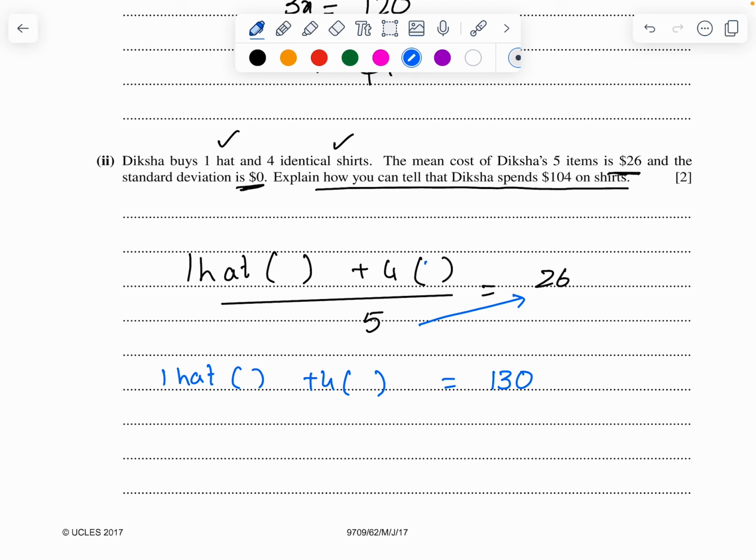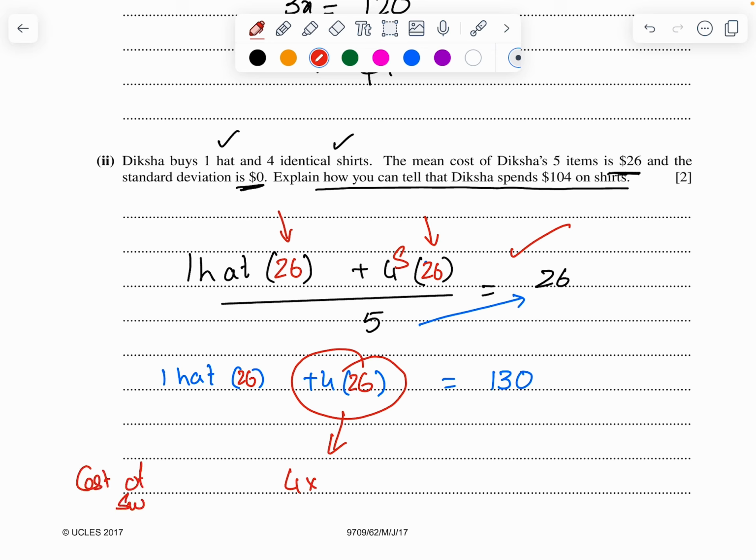So if I have 26 over here and 26 over here, it will satisfy, and then only I'll be able to get the final answer as 26. So we can try and check it. The hat cost is 26 and the shirt's cost is also 26. Then only when I add them all, I will be able to get a total of 130. So this is the cost of the shirts. I know this is somewhat tricky. You should use the trial and error method. So the cost of the shirts is 4 times 26, which is 104.